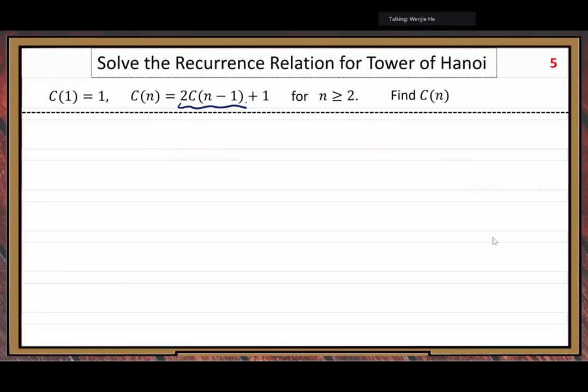So that's the first order. Very simple. Now let's solve this simple recurrence relation. We use problem solving thinking.